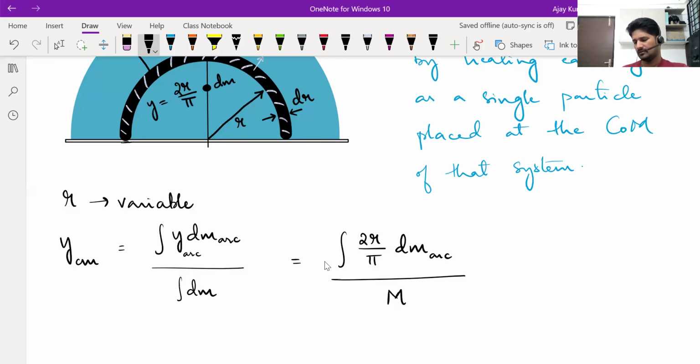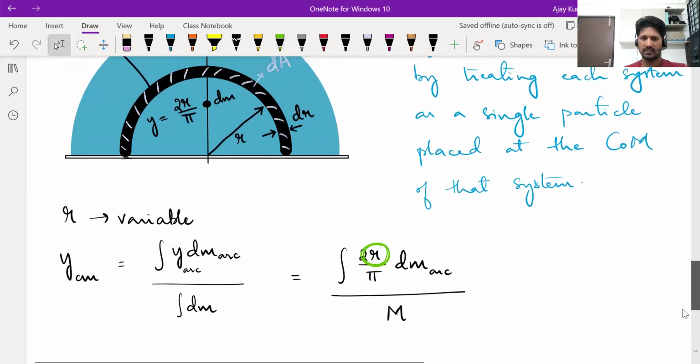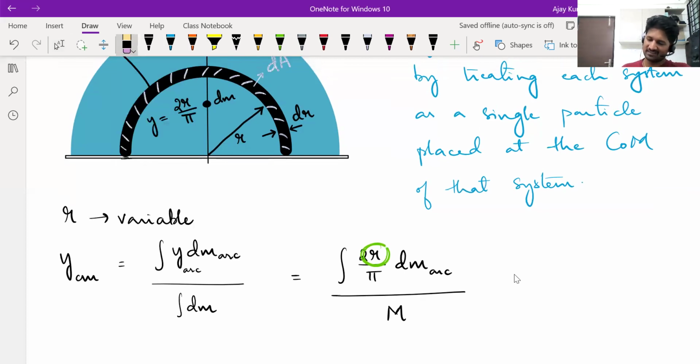But again, there is trouble here. Small r, which is the radius of this arc, is a variable. It varies from one arc to the next one. If you want to integrate this, you will have to express dm in terms of dr. Mass of the arc has to be expressed in terms of what is dr? Width of the arc.